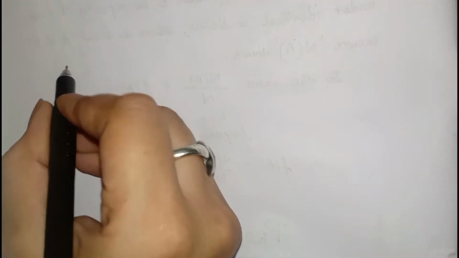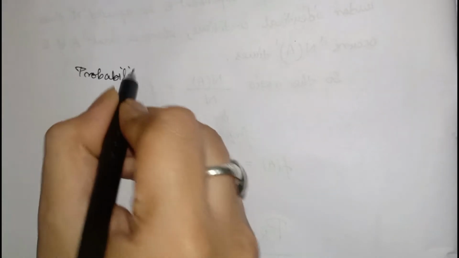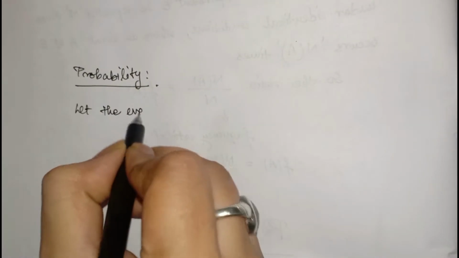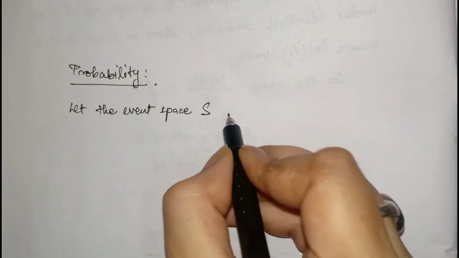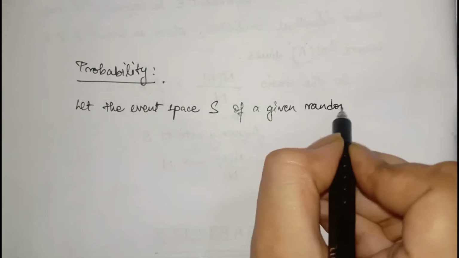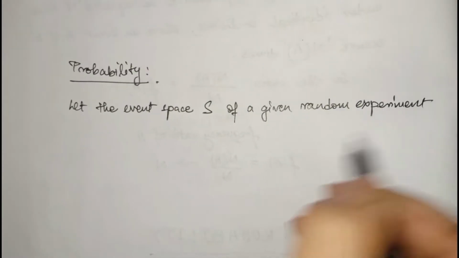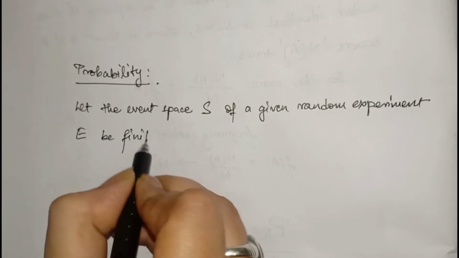Now we will define probability. Let the event space S of a given random experiment E be finite.